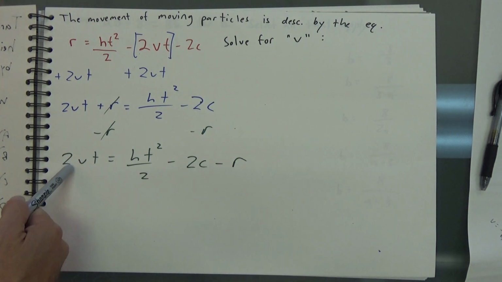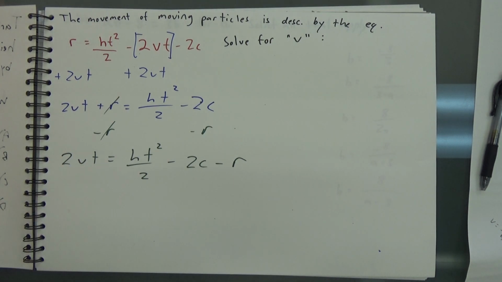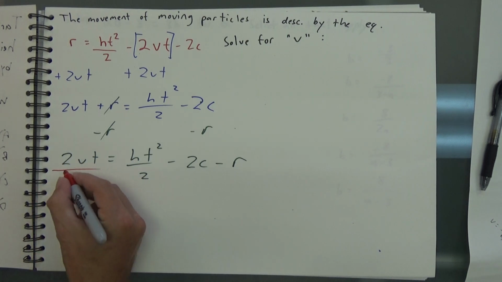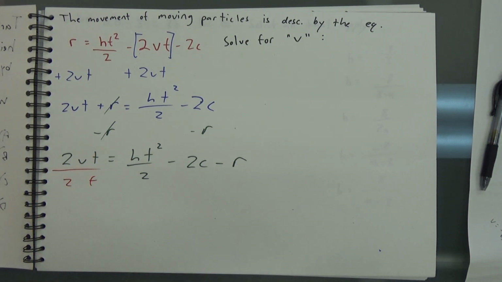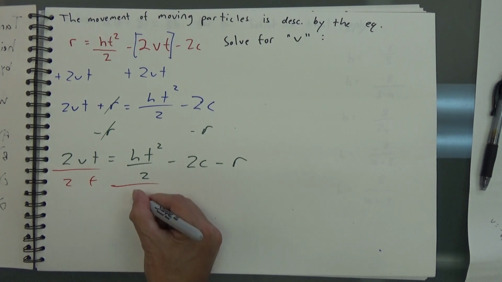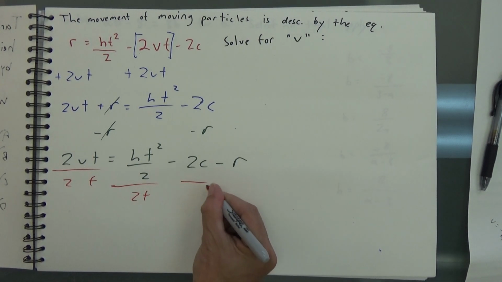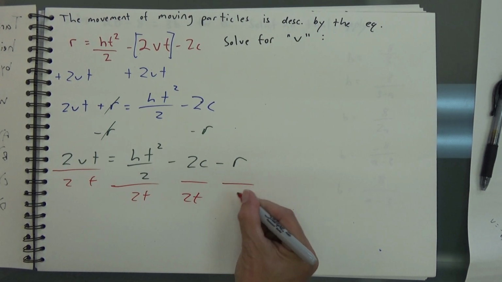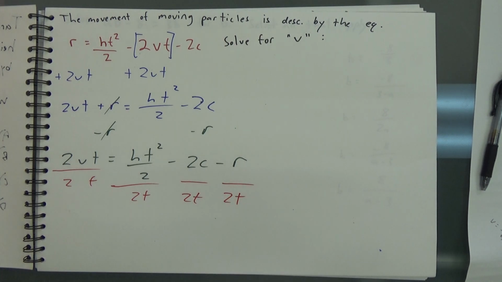Now I want to keep v. I want to lose the 2t. So I'm going to show it here, and then what this is going to look like. What happens if I divide this fraction by 2t is these are multiplied together in the denominator.